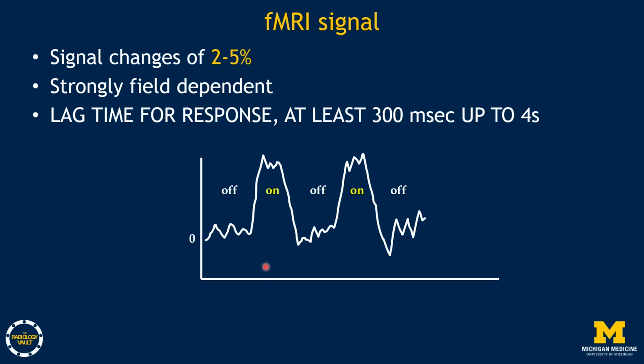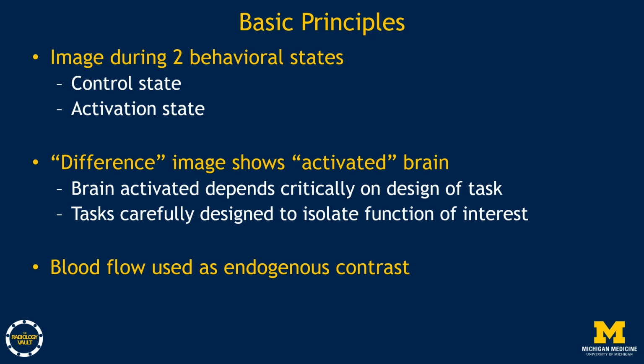So you have an on-off design of giving a task to the person or the patient within the magnet. Imaging is done during these two different behavioral states. The control state is the rest stage, and the activation stage is when the patient is performing the task.